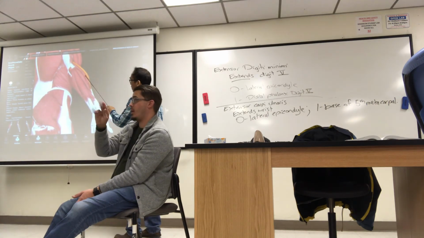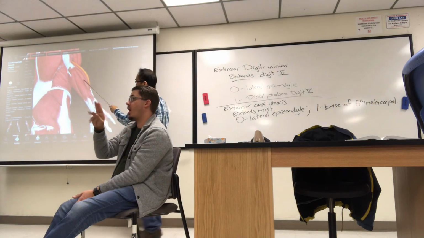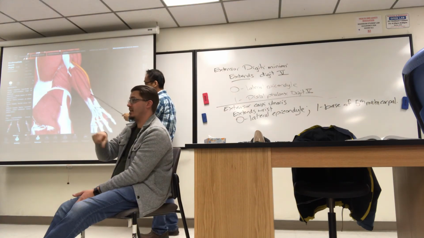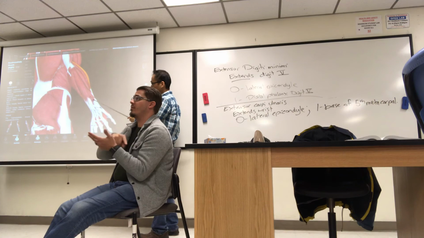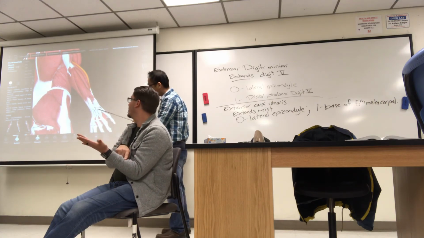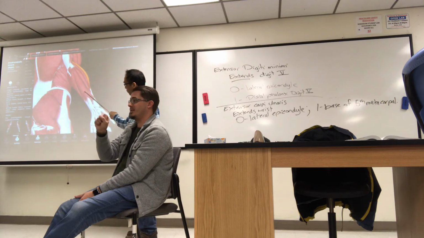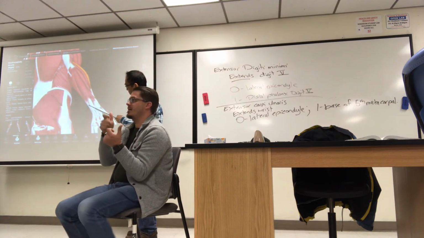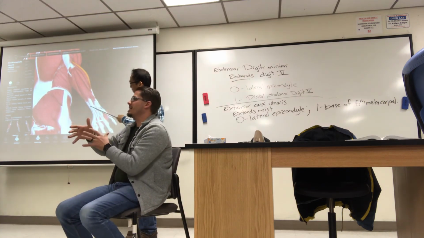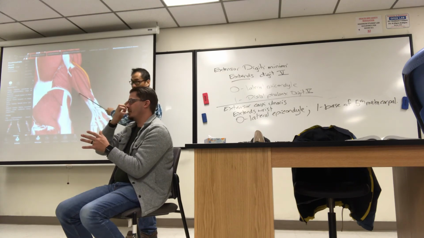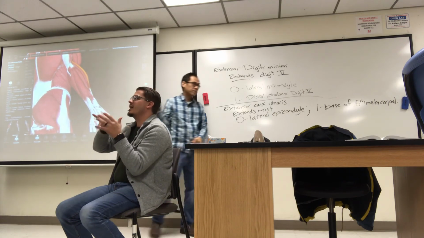Brachioradialis, Extensor Carpi Radialis Longus, Extensor Carpi Radialis Brevis. Then the three movers of the thumb. Abductor Pollicis Longus, Extensor Pollicis Brevis, and then the tendon of Extensor Pollicis Longus. Extensor Digitorum, Extensor Digiti Minimi, it's really slender muscle right there. And then Extensor Carpi Ulnaris. Let me show you Digiti Minimi by itself.